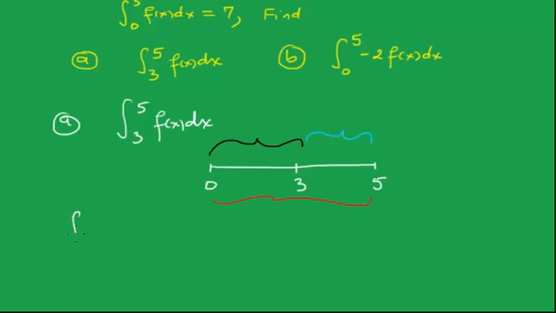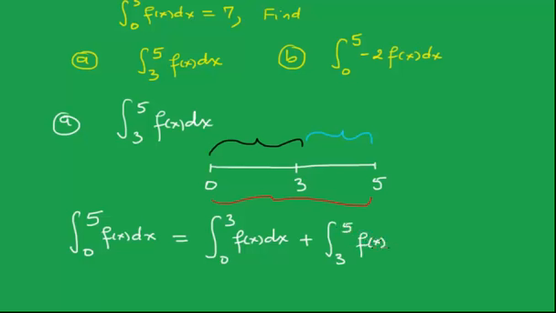We know the integral from 0 to 5, the one in red here, of f of x dx is equal to the integral from 0 to 3, the one in black, f of x dx plus the integral from 3 to 5 of f of x dx, the one in blue.